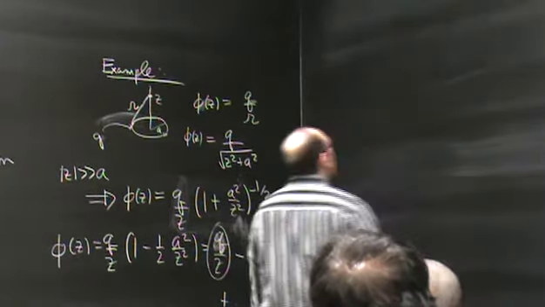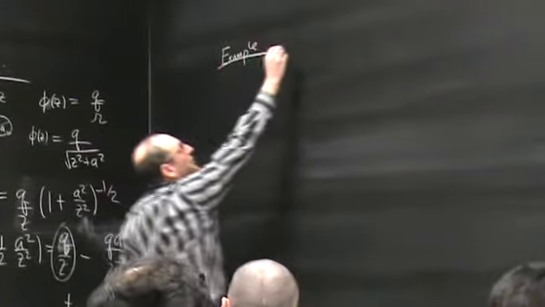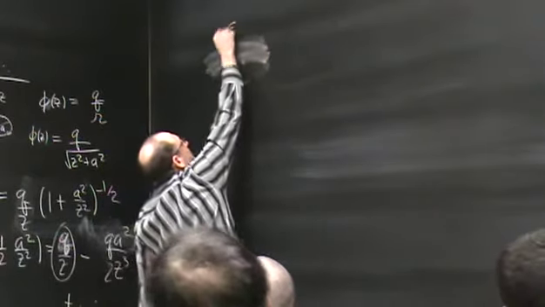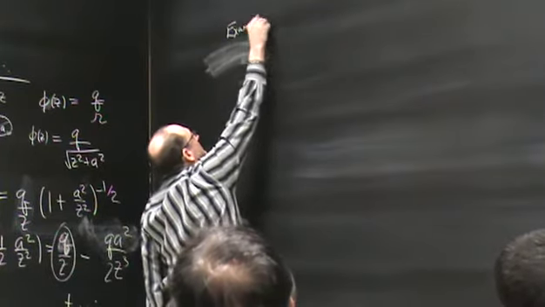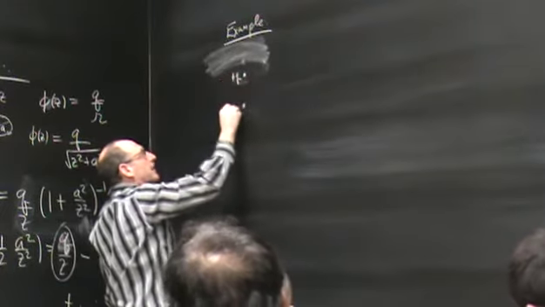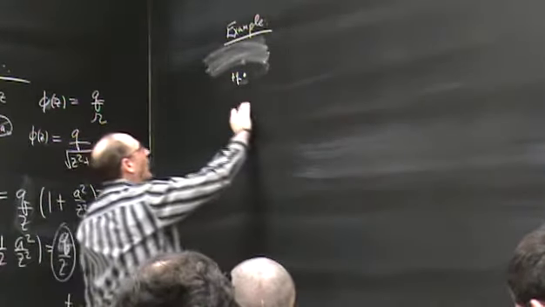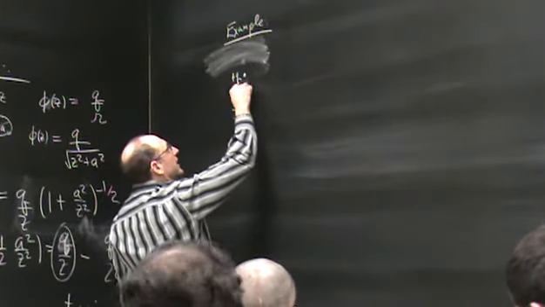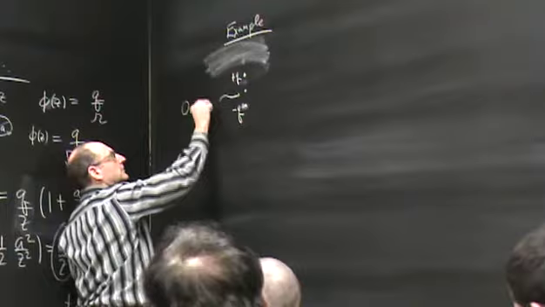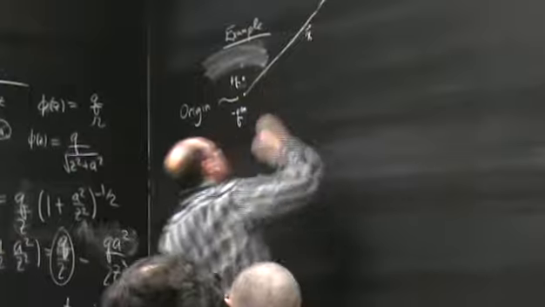Okay? Another example. Suppose I have two point charges of equal and opposite magnitude. Let's put the origin, just for ease, halfway in between, and there's some point of observation x.